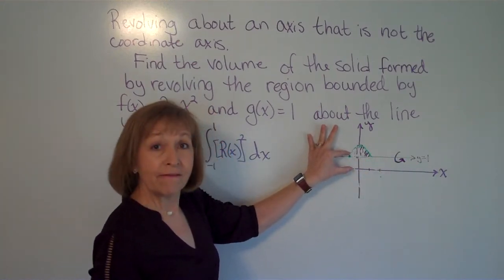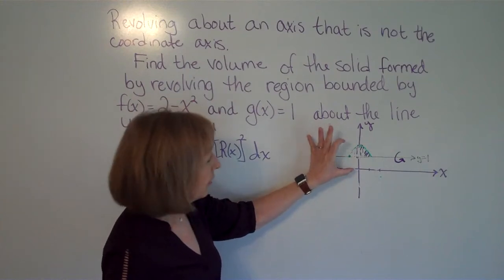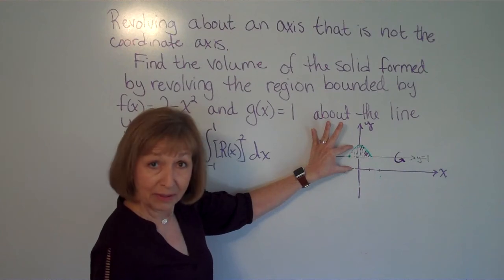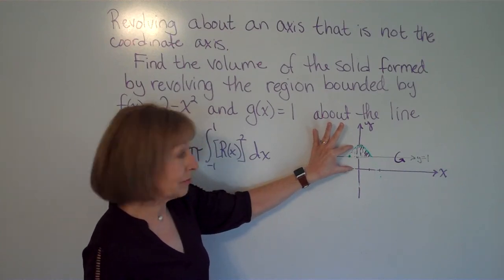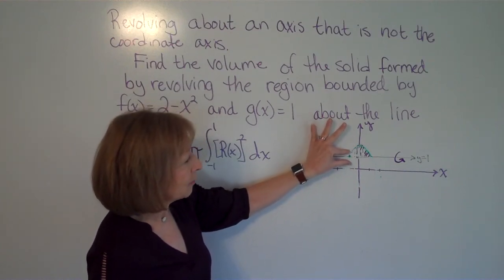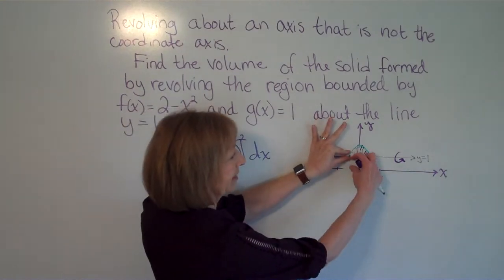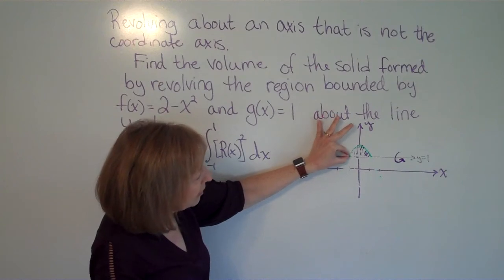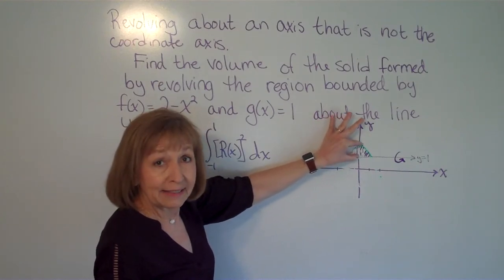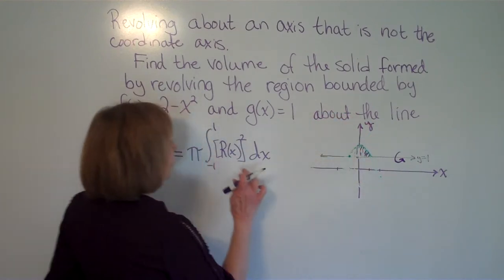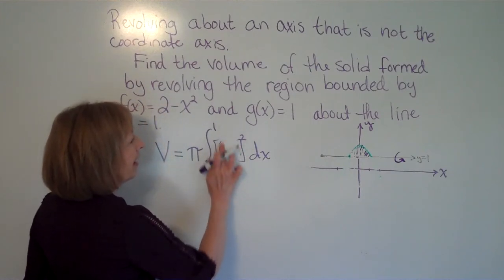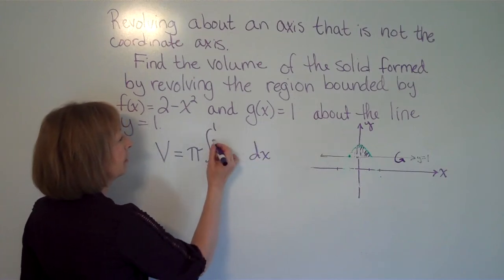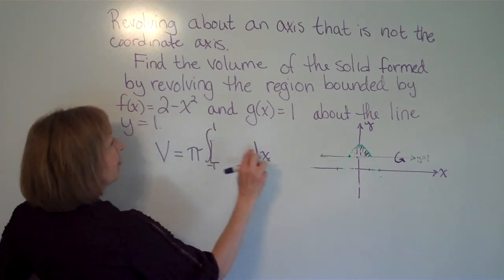Well, if f of x equaling 2 minus x squared takes me for the y coordinate from the x-axis up, I need to subtract 1 from it, because that is what we have to subtract to get just the part of the radius that we want throughout.